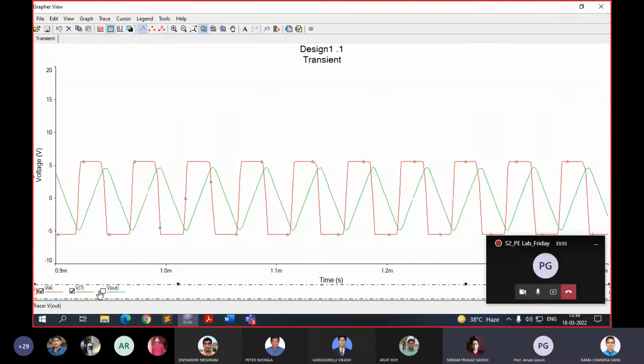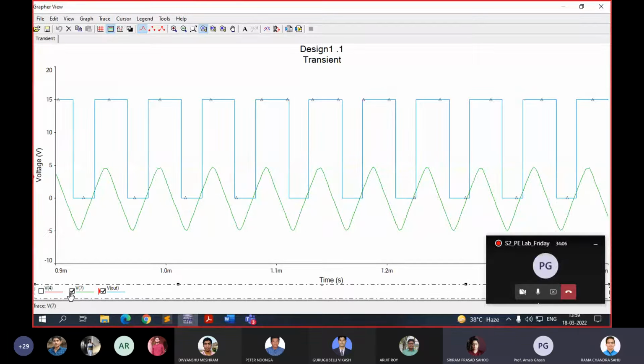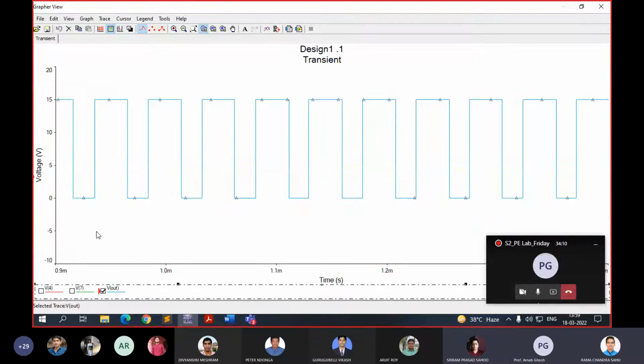It is the output of the first op-amp. Then this is the output of the second op-amp. Then as a final output, we are getting the PWM waves. Acha. Which one is the output of the first op-amp?